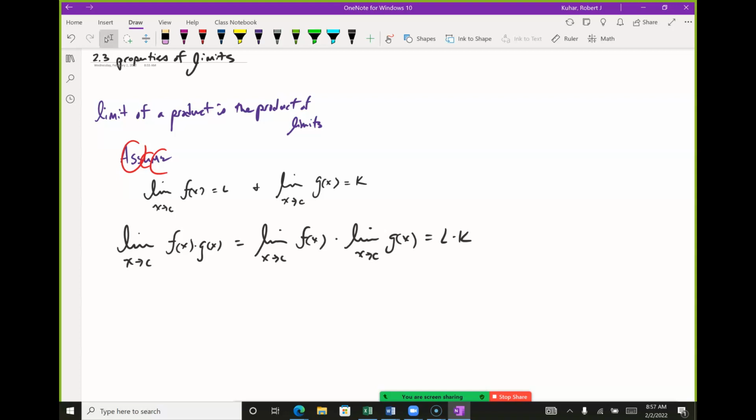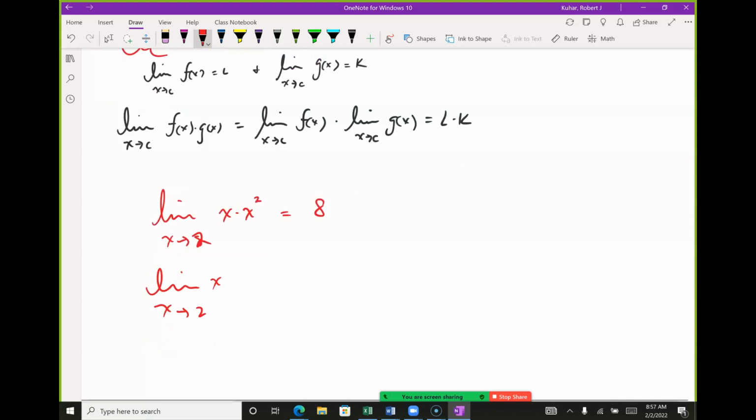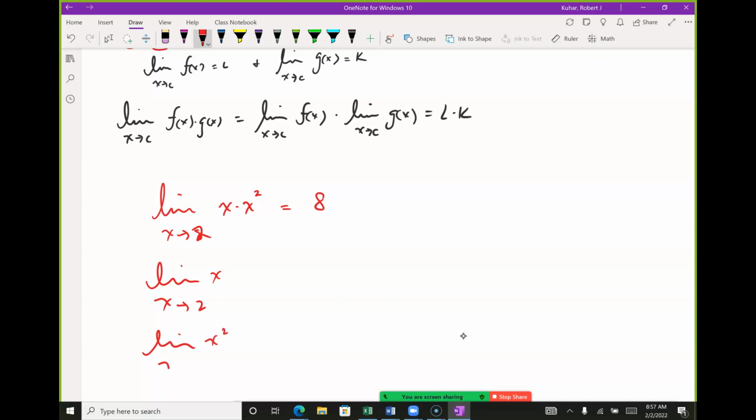It should feel comfortable to you that this is the case, right? Especially if I look at a real simple version. Let's say the limit of x times x squared as x goes to 2. That's definitely 8, right? It's x cubed, and I can just plug it in. But what happens if I look at the limit of x as x goes to 2, and the limit of x squared as x goes to 2?